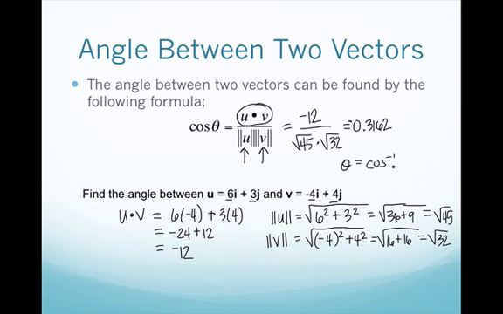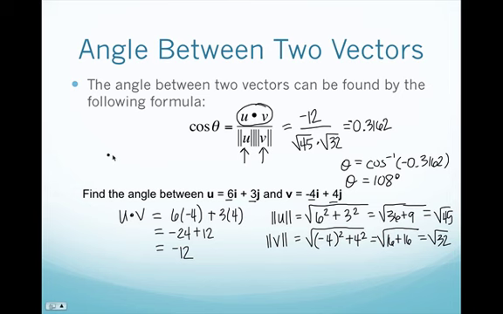So cosine inverse of negative 0.3162 will give us our theta or our angle, and the angle between these two vectors is approximately 108 degrees. So this is how you would find the angle between two vectors.